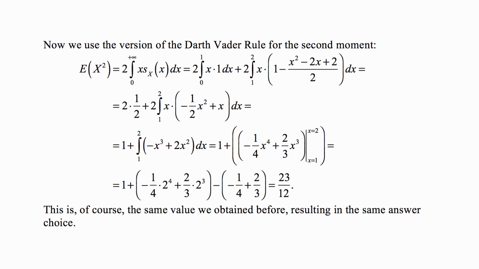And the integral of that is minus 1/4 x to the 4th plus 2/3 x cubed, evaluated from 1 to 2, will give us minus 1/4 times 2 to the 4th plus 2/3 times 2 cubed, and we subtract the value at 1, which is negative 1/4 plus 2/3, and if you do all the calculations, that's 23/12. This is the same value of the second moment as we obtained before, resulting in the same answer choice, the same value of the variance. So we get the same result.